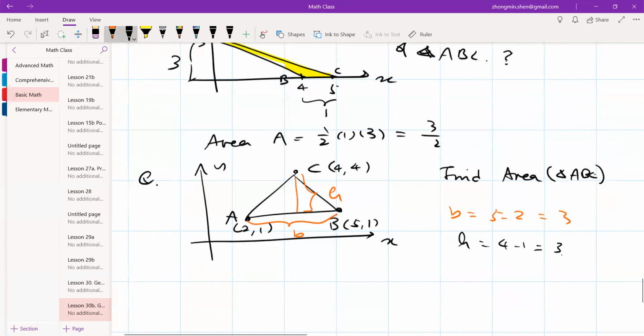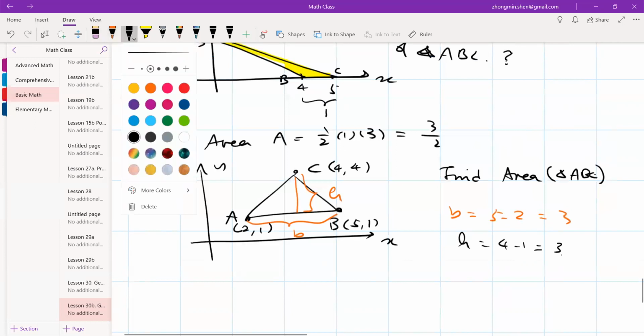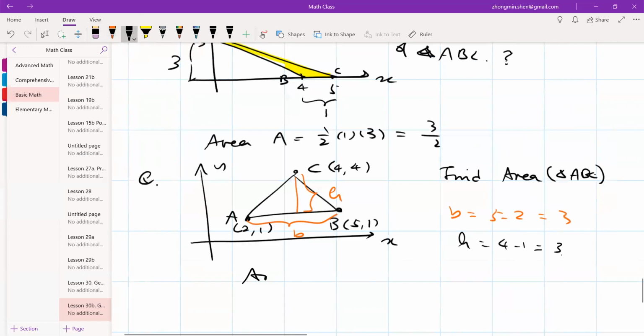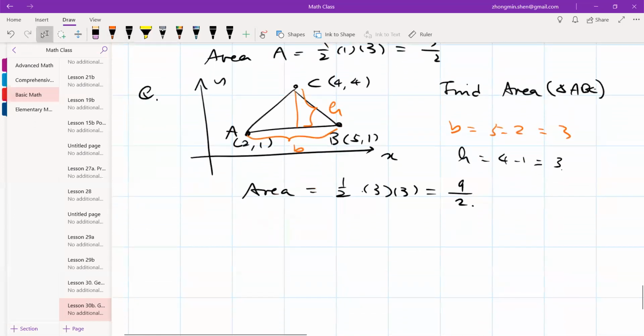Be careful when you do the computation. Then the area is half times base times height, which is 9/2. So it's 4.5.